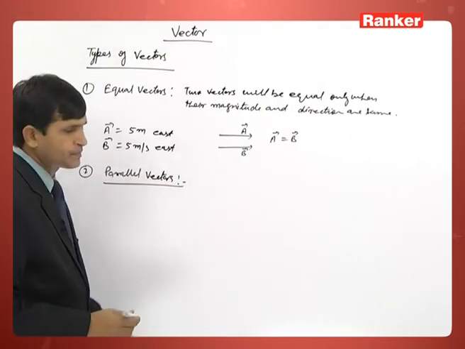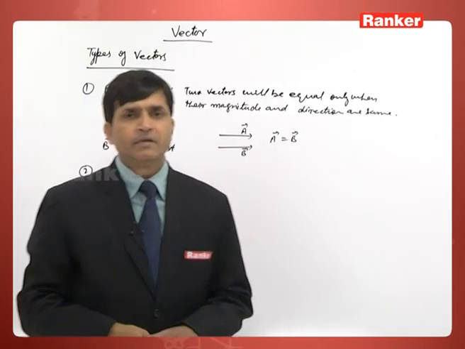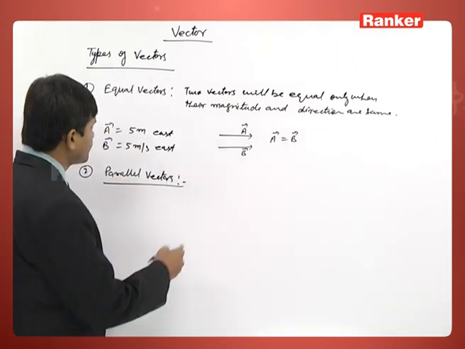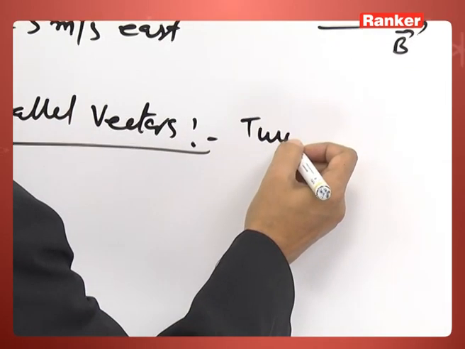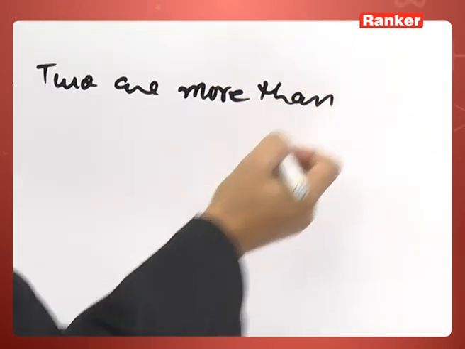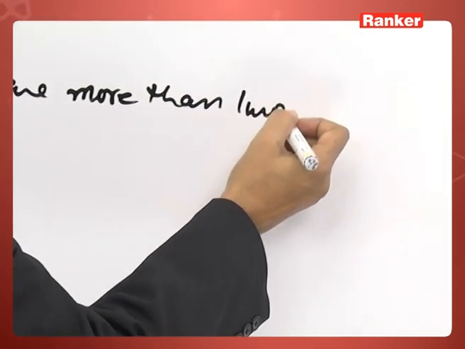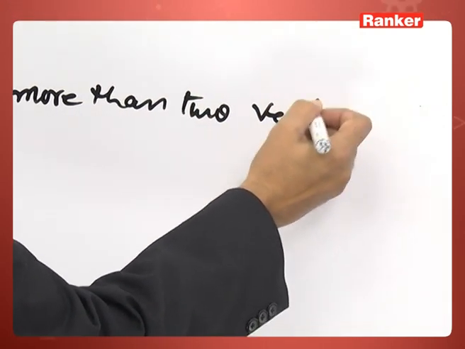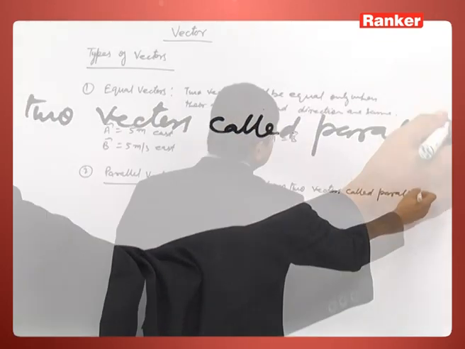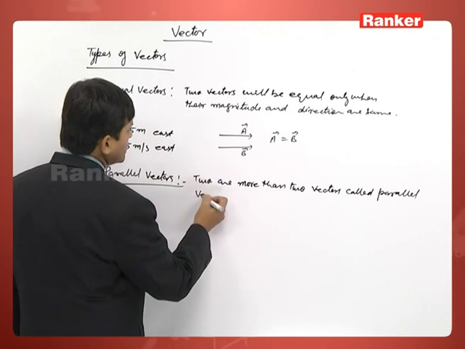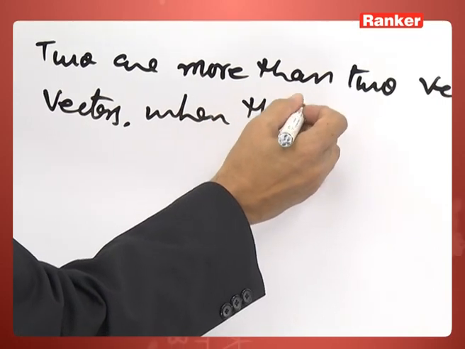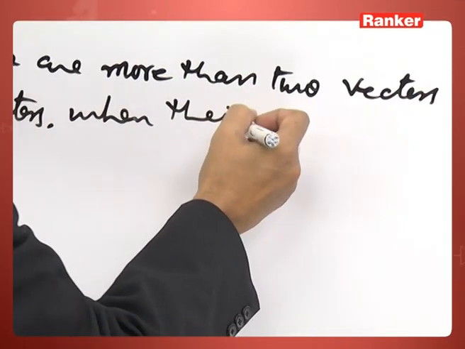Now, parallel vectors. Two vectors will be parallel when their directions are the same. Two or more vectors are called parallel vectors when their directions are the same.